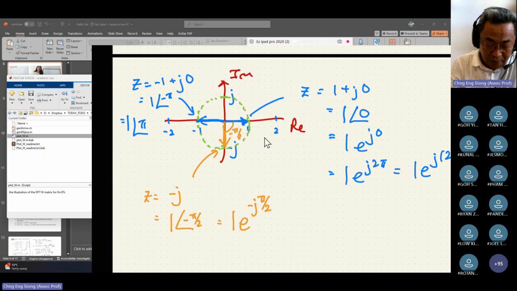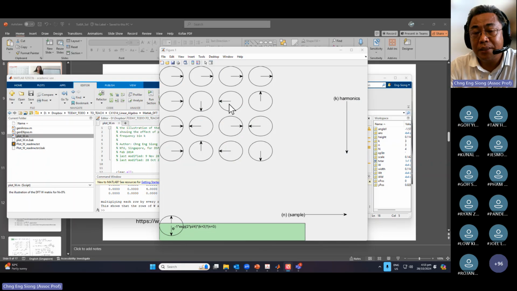Doesn't matter. Whether I rotate the positive way or the negative way, I will still reach the same point, which is -1. So -1 is actually very confusing to some students. So see, this is -1, and finally we have plus J. So this is a very nice diagram showing you how we can interpret the rows of the W matrix.